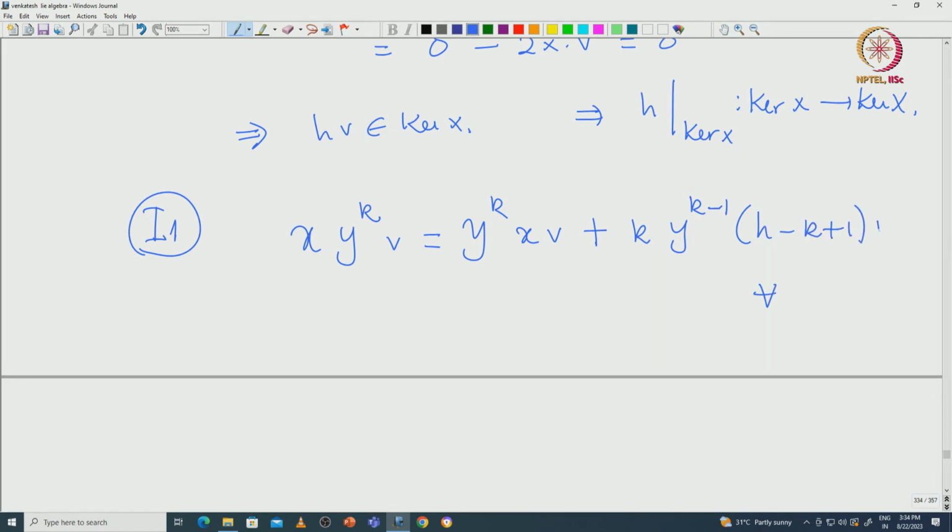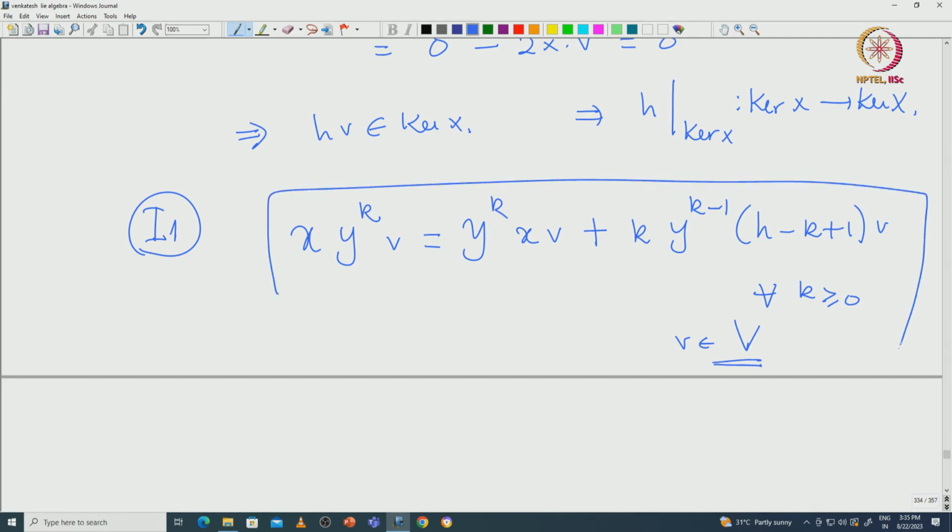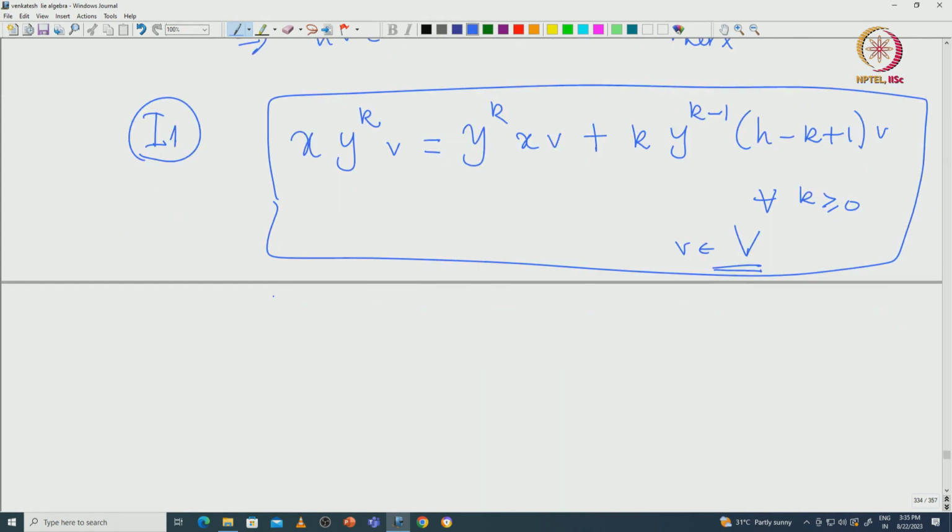This is true for all k greater than or equal to 0 and v in capital V. It is not only restricted to kernel X or anything. So, this identity is true for any vector v in V. We are thinking of x and y as elements of endomorphism of V, so we are repeatedly applying x and y. Okay. So, this is true. This is just induction, I will leave it to you to check.